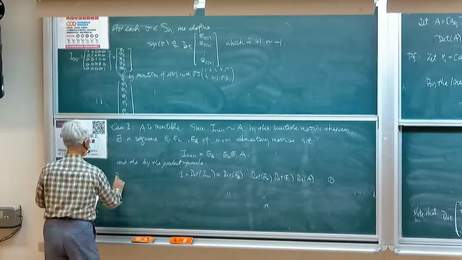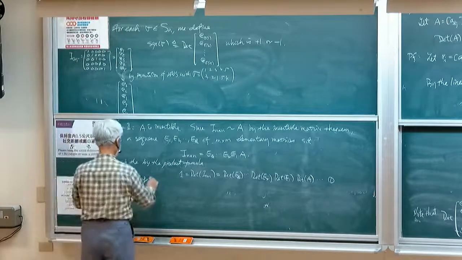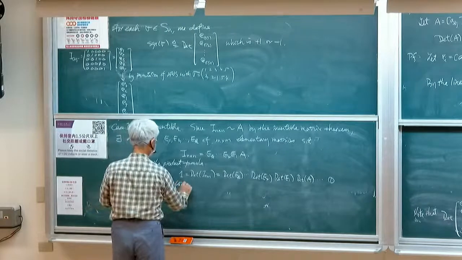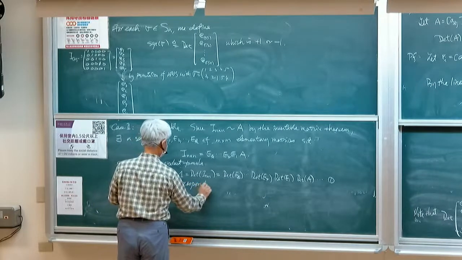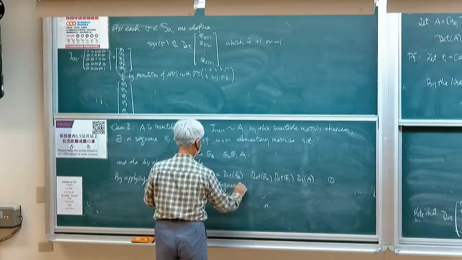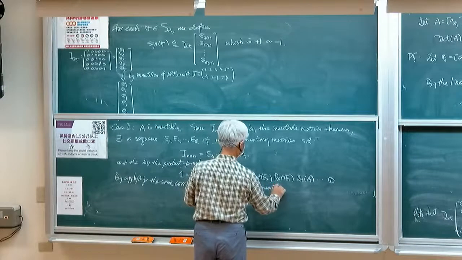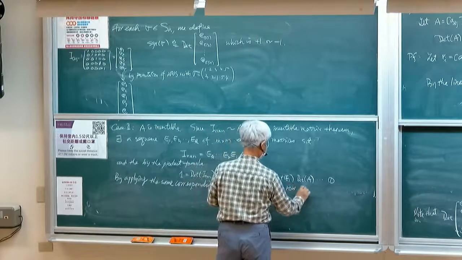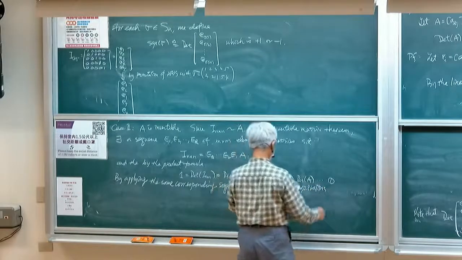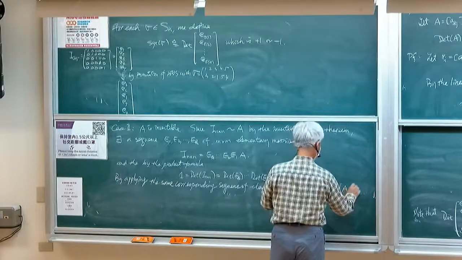Alright, and now we apply the same corresponding sequence of elementary row operations on the submatrix A and then 0.